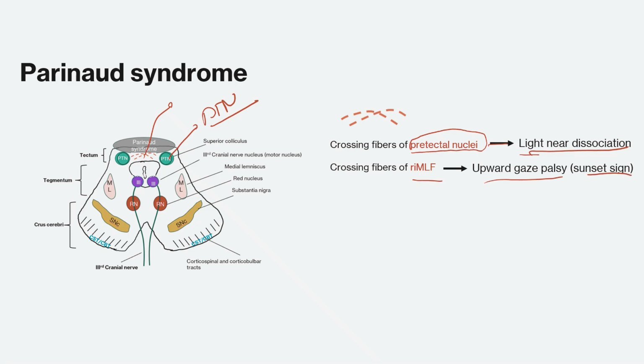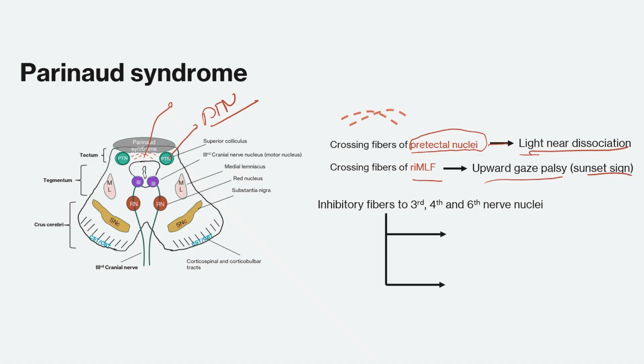Now, apart from the crossing fibers, there are also the inhibitory fibers to the third, fourth, and sixth cranial nerve nuclei, or the different nerves that are supplying the extraocular muscles. These inhibitory fibers are also present on the posterior side.